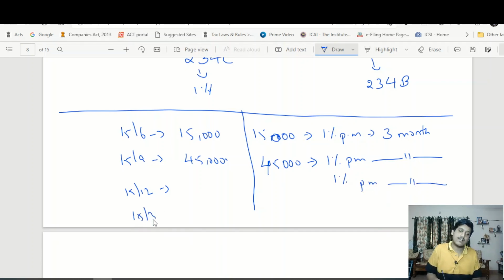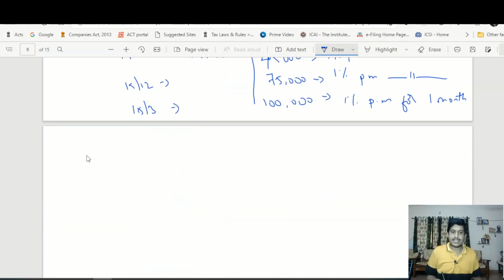There is a slight change for the March due date, 1% per month for just 1 month. Let us calculate it right away.